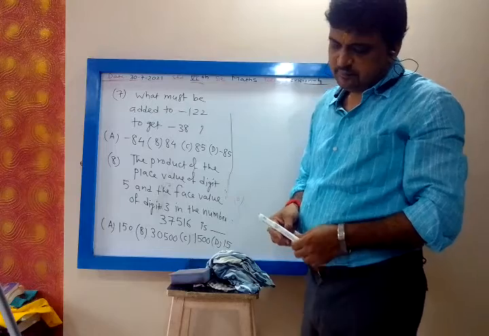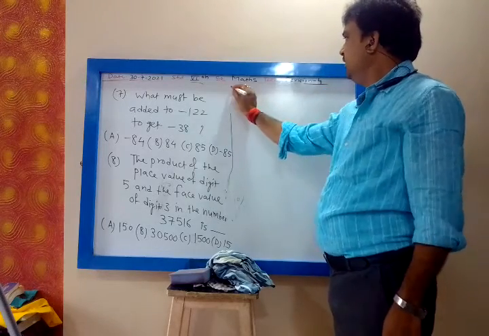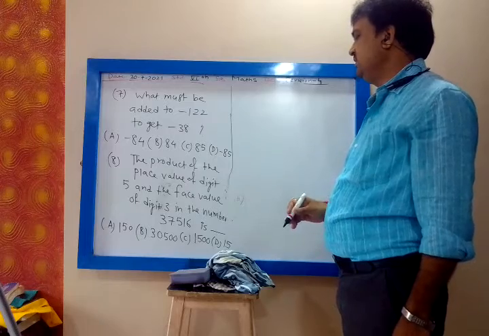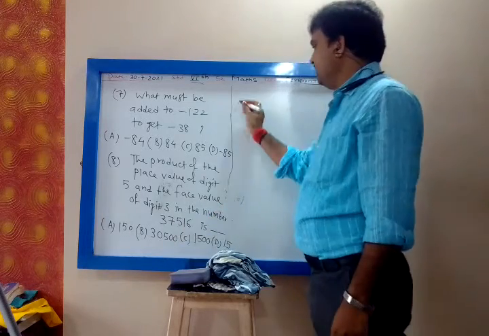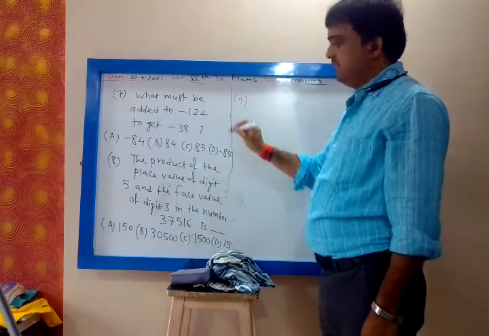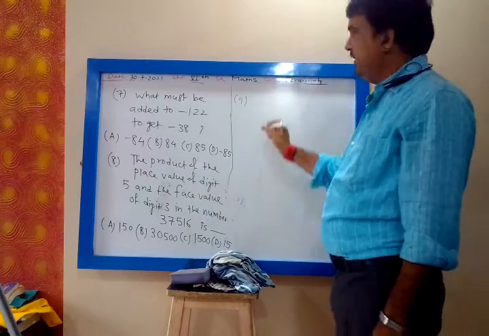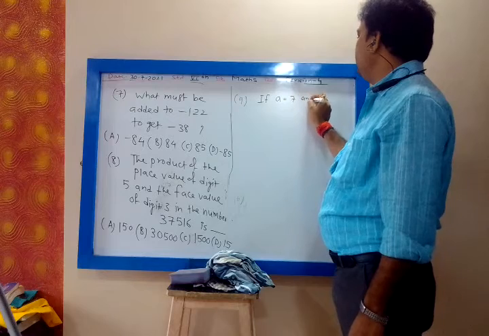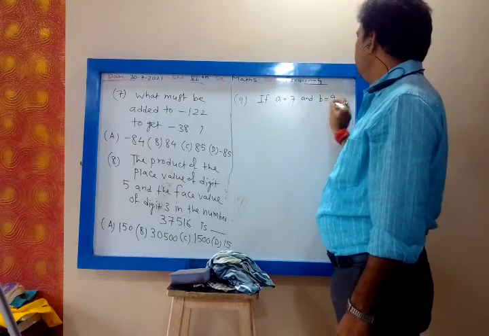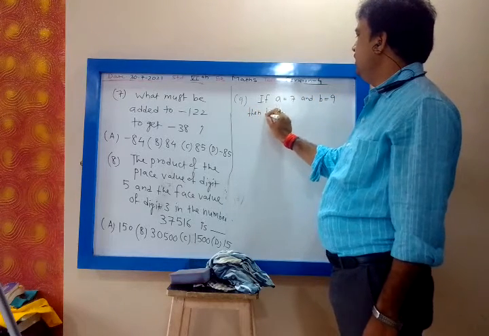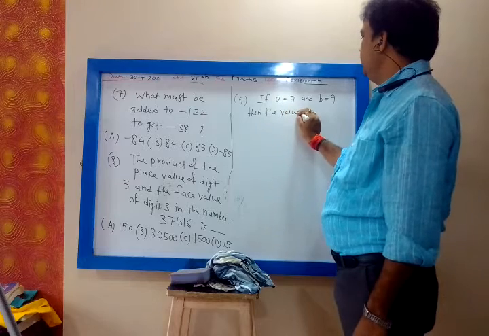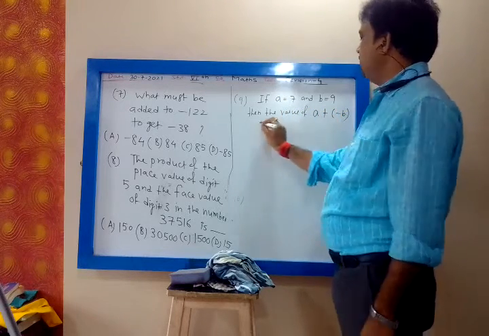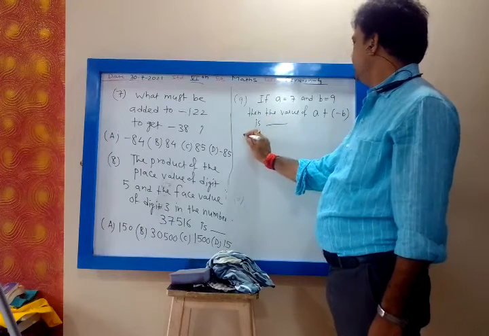37516. Then the ninth one: if A is 7 and B is 9, then the value of A plus minus B is dash.